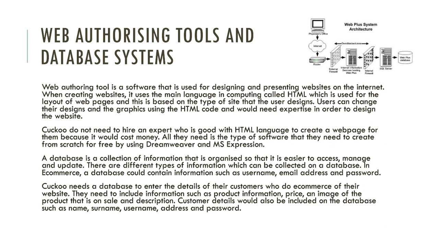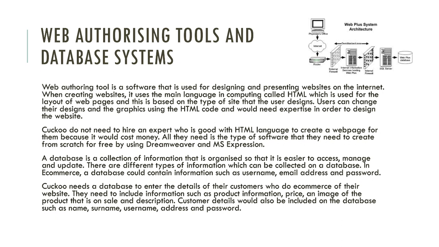They need to include information such as product information, price, an image of the product that's on sale, and description. So they need to include everything about what their brand is, what their products are, and everything about the product, so people will know what they're seeing.